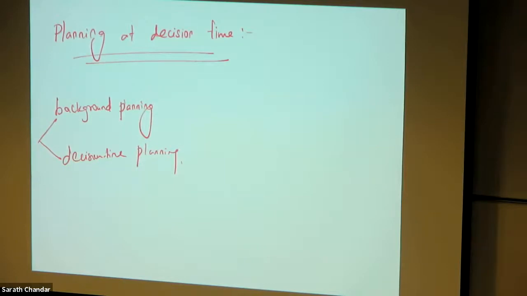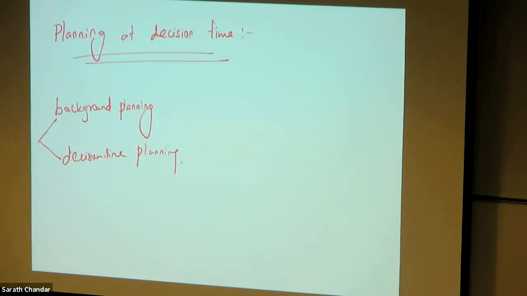On the other hand, decision time planning is where the planning gets activated at decision time. When you are in the current state and want to take an action, instead of just using the policy, can I look ahead and plan what would be the optimal course of actions and take the best possible option? Is that clear? That is decision time planning.